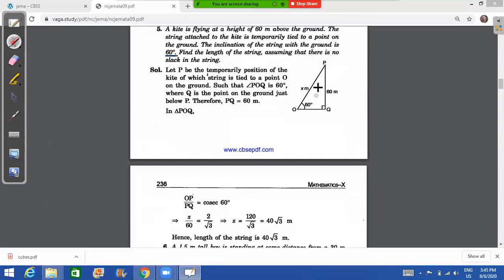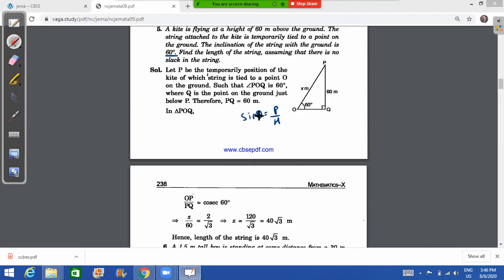The question is to find the length of the string. This is what we have to find, the length of the string. This is the perpendicular and this is the hypotenuse. So I can use sine. They have used cosec, but we can use sine, that's simpler. Sine is p by h, because the perpendicular is given and the hypotenuse we have to find.